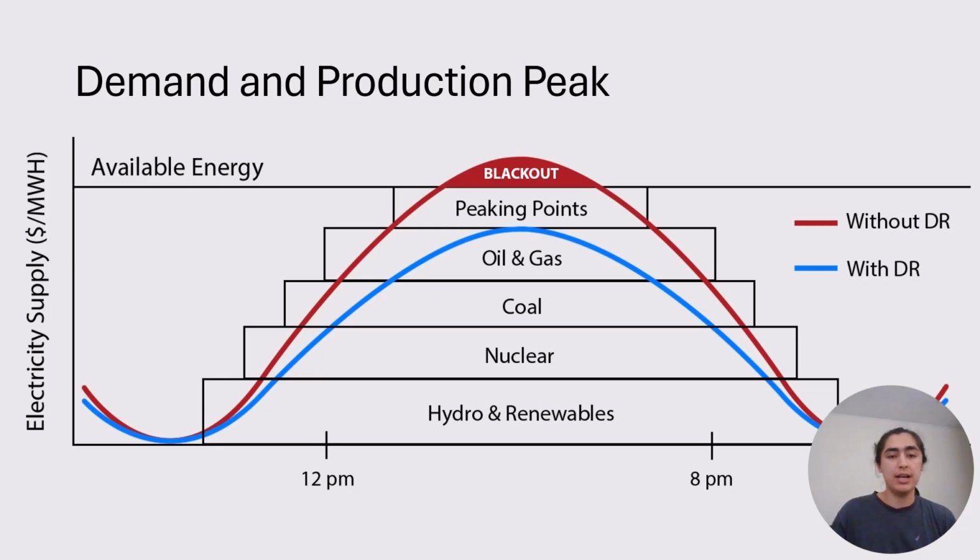Now, this is a stylized graph showing how demand changes over the course of a day. So we had the lowest demand before noon and after 8 p.m. When at night or in the early morning, our lights are off, we're not watching television, we're not cooking food, our air conditioning is off.